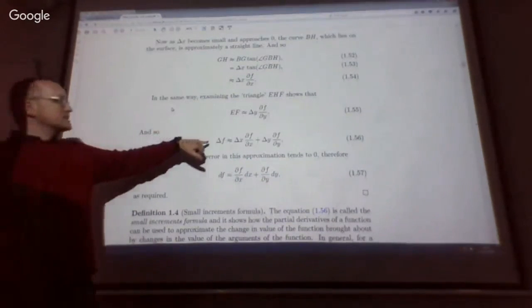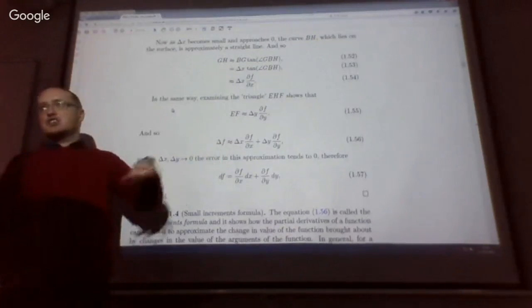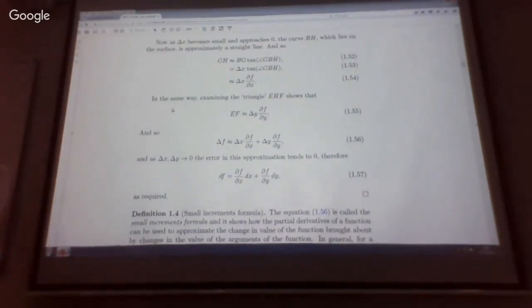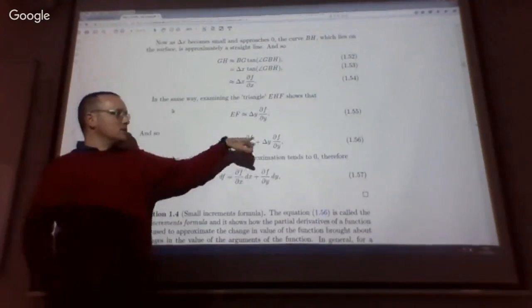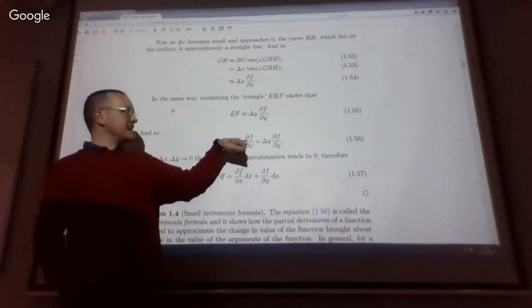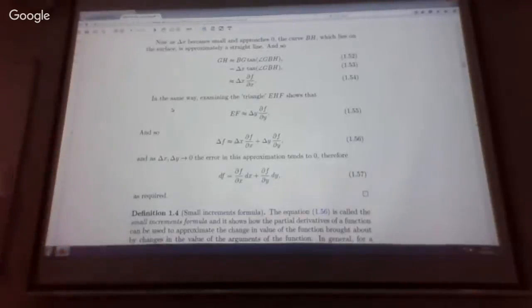So this tells you what the change in value that a function undergoes. It expresses that change in value in an approximate form as a linear combination of the changes in value of the input variables. So the delta x and the delta y there are the changes in value in the variables x and y.